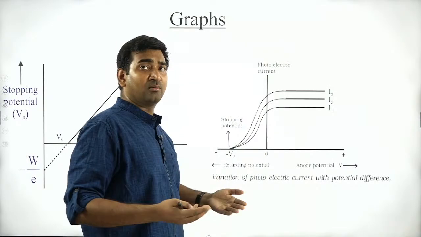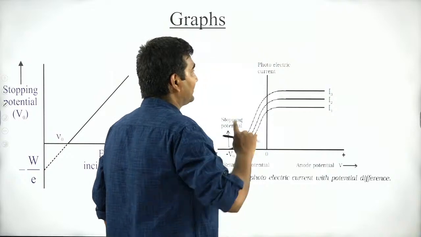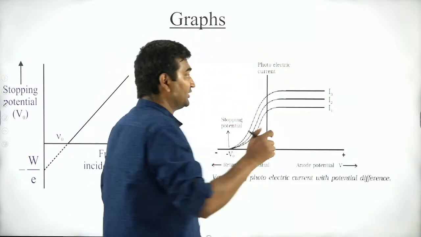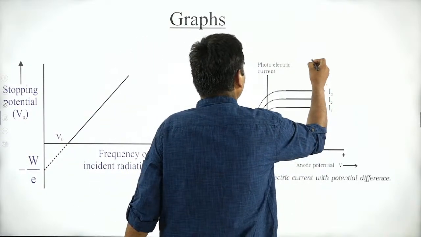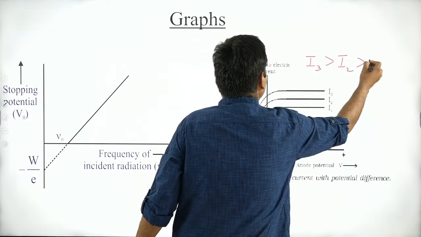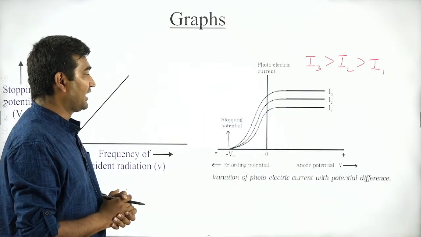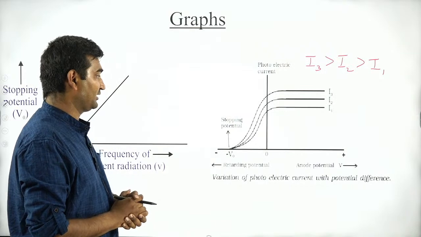The trend will obviously be that the one having higher intensity will have higher current also. So I can write the trend as I3 is greater than I2 is greater than I1. This is the intensity, and based upon that you can get the value.